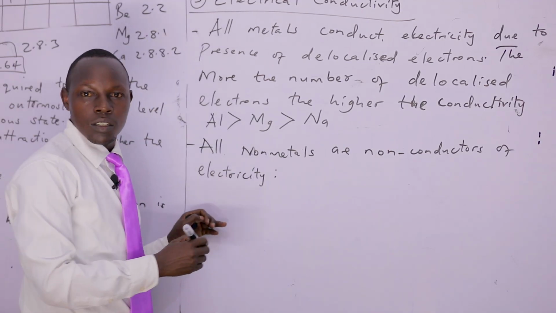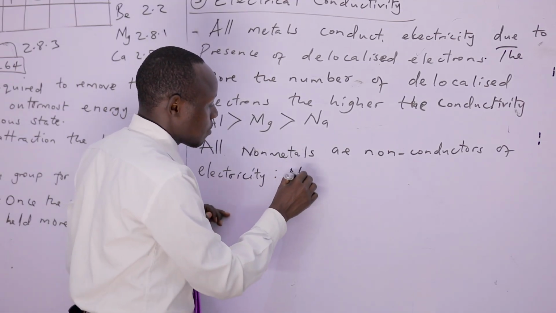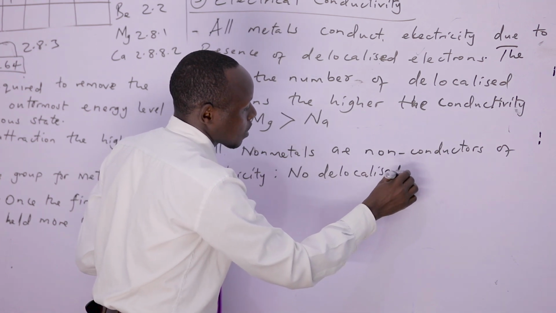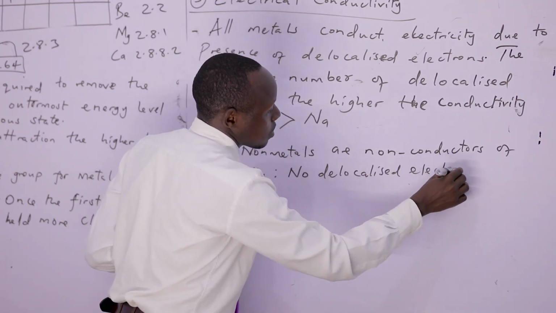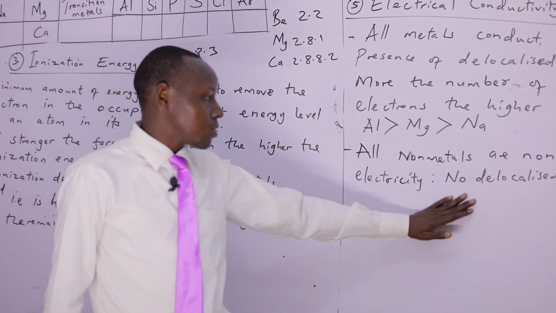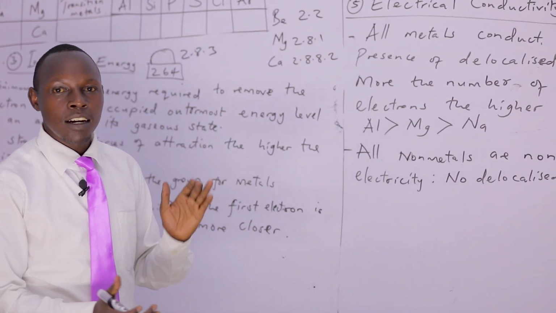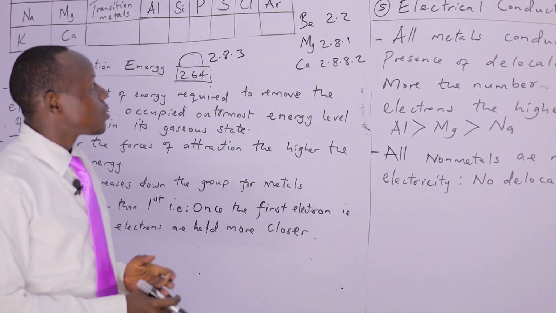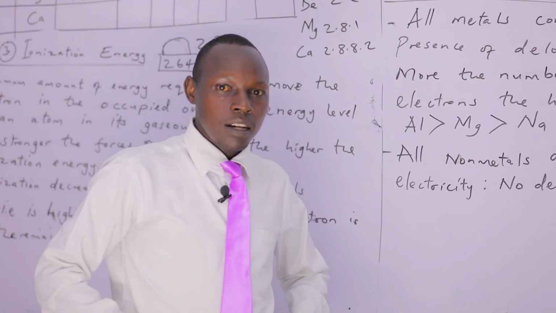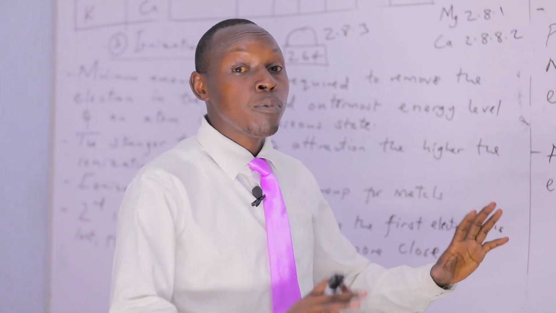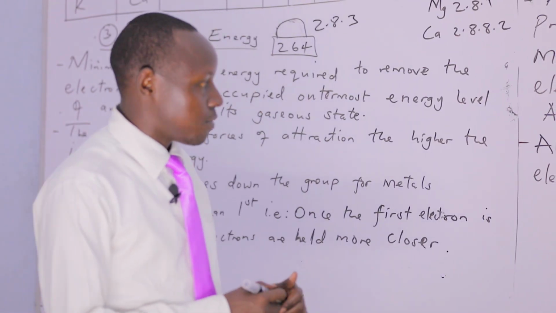The reason is because they do not have delocalized electrons. So those are 5 properties that we can talk about broadly on a larger perspective.